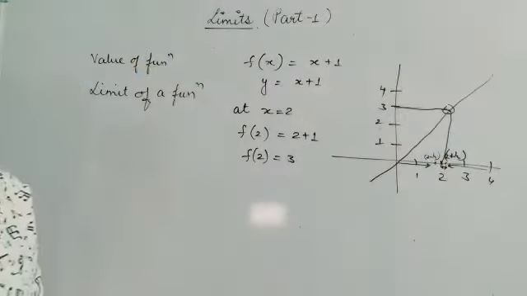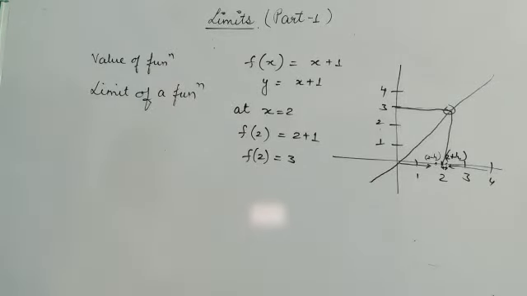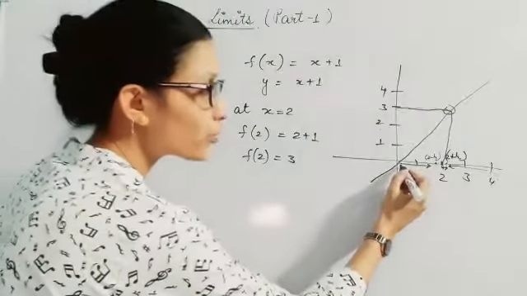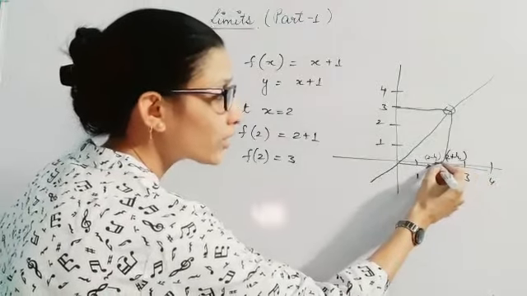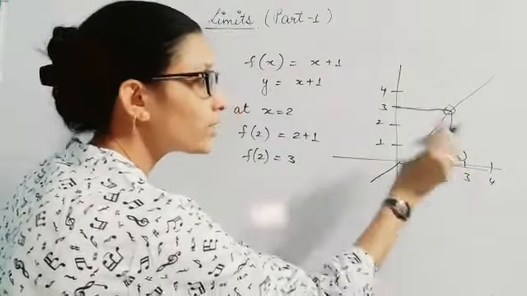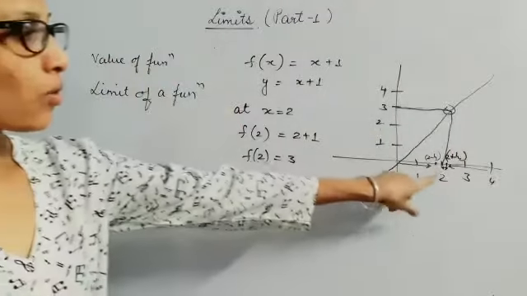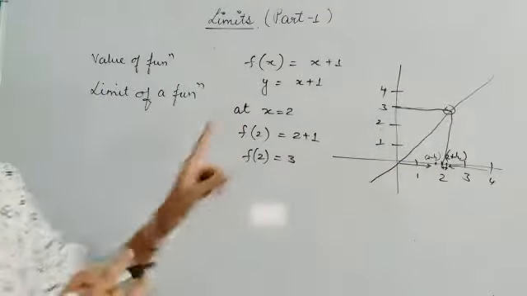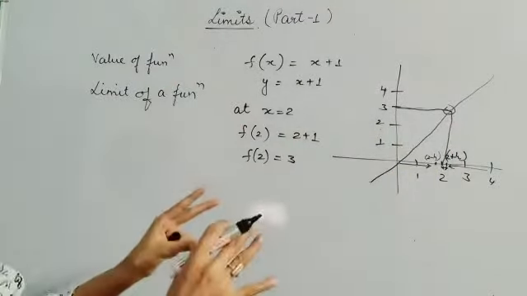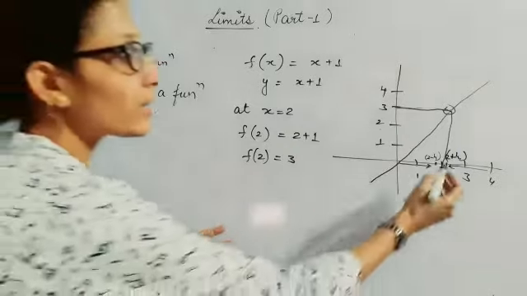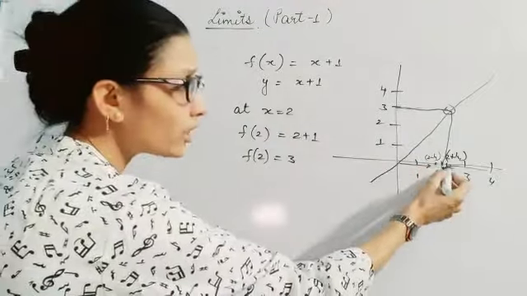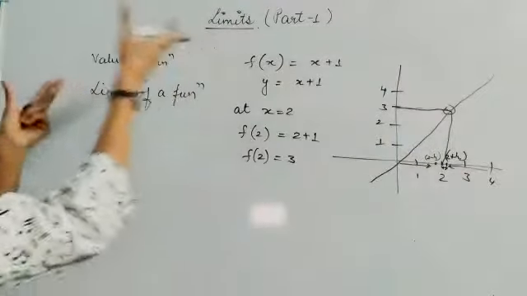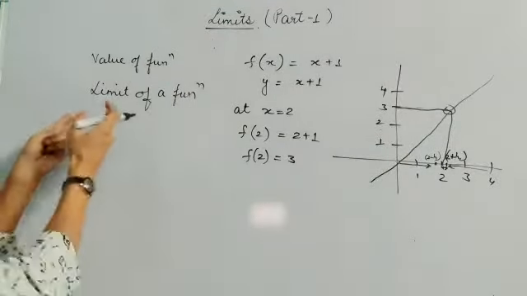So this is 2 - h. In this way we are restricting ourselves to the nearest neighborhood points of 2. We are limiting our function to the nearest neighborhood point, and that is what we define as limit.